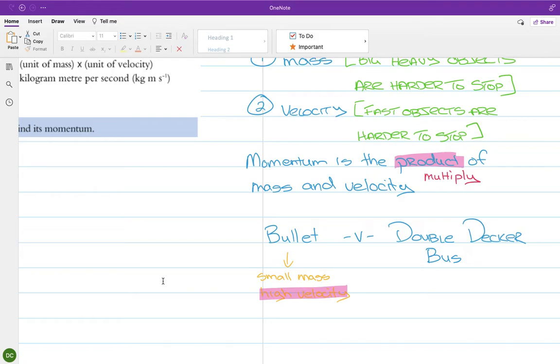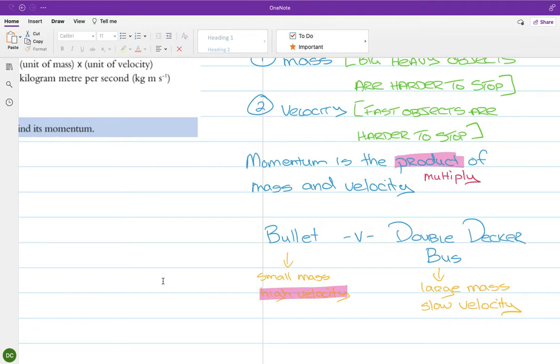And then a double-decker bus has a large mass relative to the bullet, and it has a pretty slow velocity. Double-decker buses will drive at 60, 70, 80 kilometers per hour, but relative to the bullet, that's quite slow.